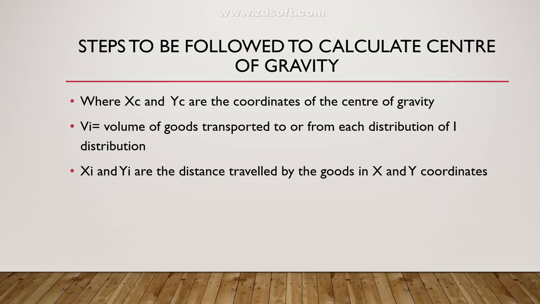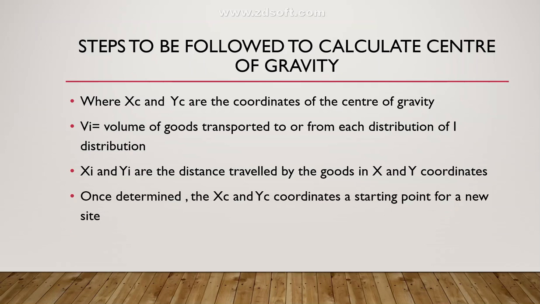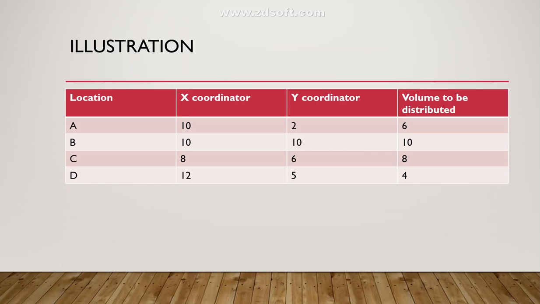Xi and Yi are the distances traveled by goods in the X and Y coordinates. Once we determine the xc and yc coordinates, a starting point for the new site will be arrived at.